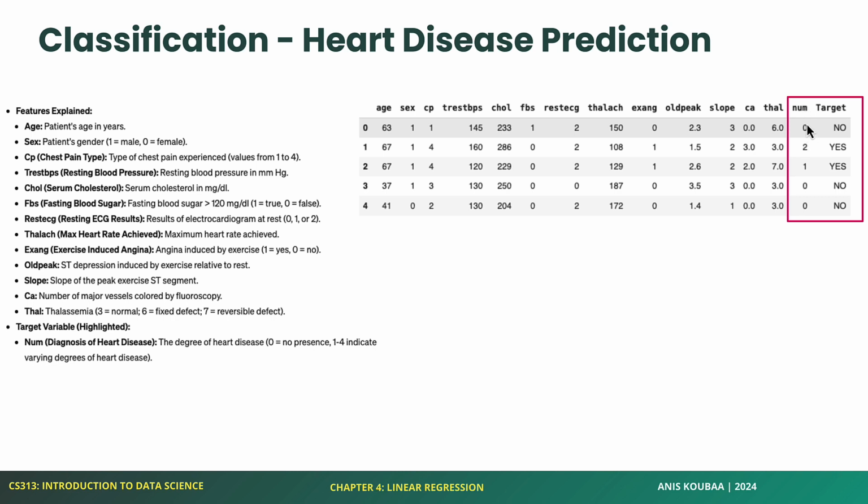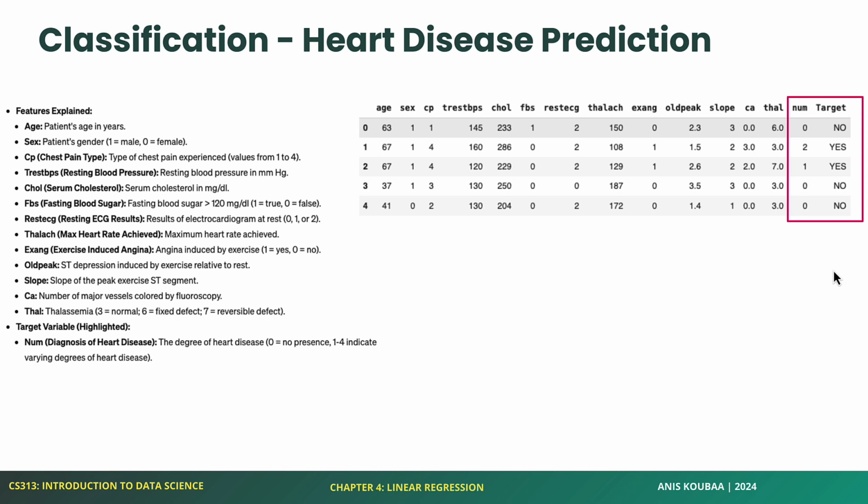We can have values that specify the degree of the heart disease, for example, serious or not serious, so we can have multiple labels here: 0, for example, no heart disease; 1, for example, weak; and medium, severe, and so on. Or we can also have yes or no, whether the person has a heart disease or doesn't have a heart disease. So we're going to consider both.